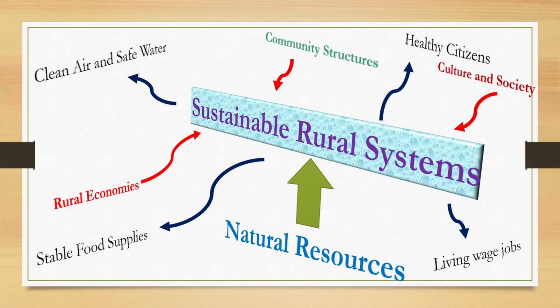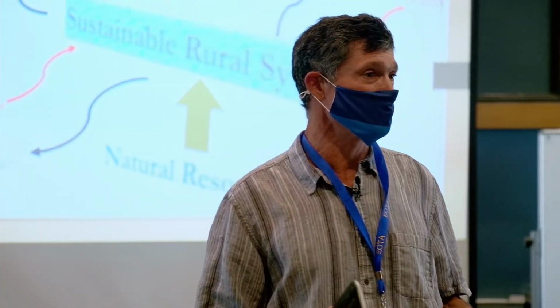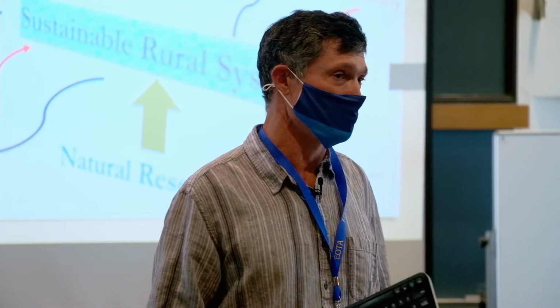And this is just a slide showing you what sustainable rural systems are. And that natural resources bit there at the bottom is super important, because it turns out that all human activities derive from the ecosystems that we humans live in. So all the stuff that we have around us comes somewhere from the planet.